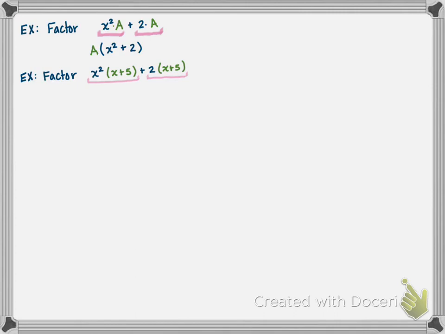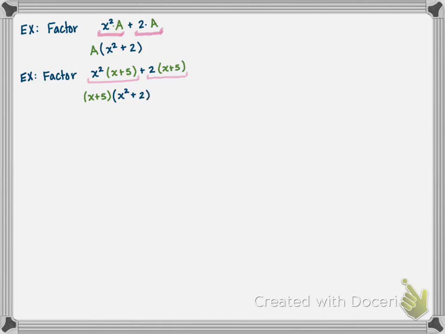So did they have any factors in common? Yeah, they both have a factor of x plus 5, right? They are both something times x plus 5, which means just like we did with the a above, we can pull the x plus 5 out. And then taking that factor of x plus 5 out of the first term leaves me with a factor of x squared. I have addition between my terms, and taking a factor of x plus 5 out of the second term leaves me with a factor of 2.